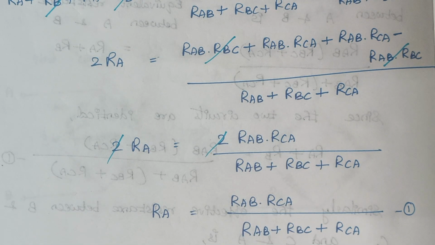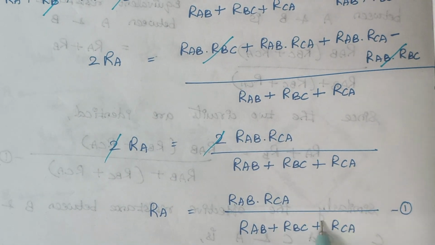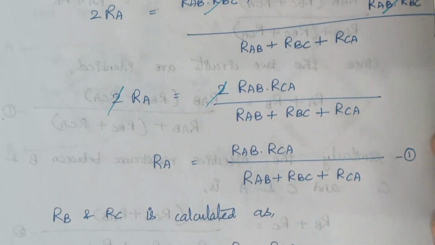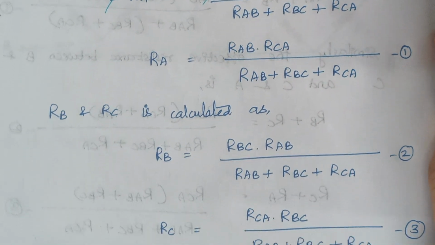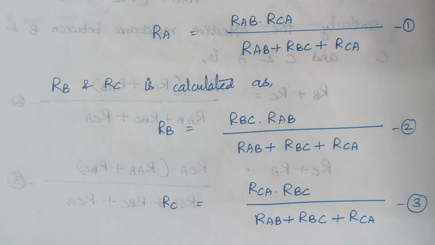Because we are converting a delta to star, in the star network we need to calculate the values of RA, RB and RC. So finally, this is an expression for RA. From this expression, we are writing the remaining expressions for RB and RC.